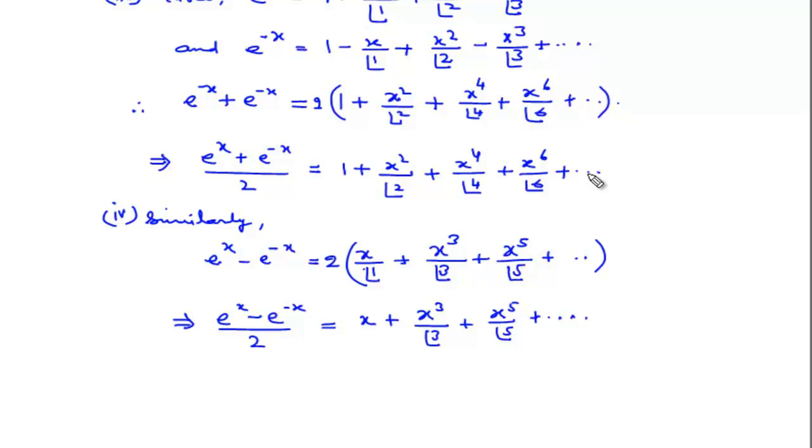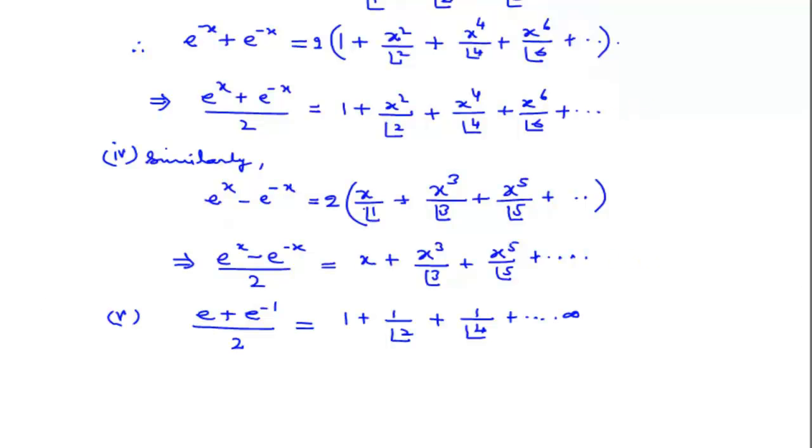Now in these two results, if I put x as 1, then I can comfortably write e plus e to the power minus 1 upon 2 is 1 plus 1 upon factorial 2 plus 1 upon factorial 4 up to infinity, and e minus e to the power minus 1 upon 2 is equal to 1 plus 1 upon factorial 3 plus 1 upon factorial 5 up to infinity.